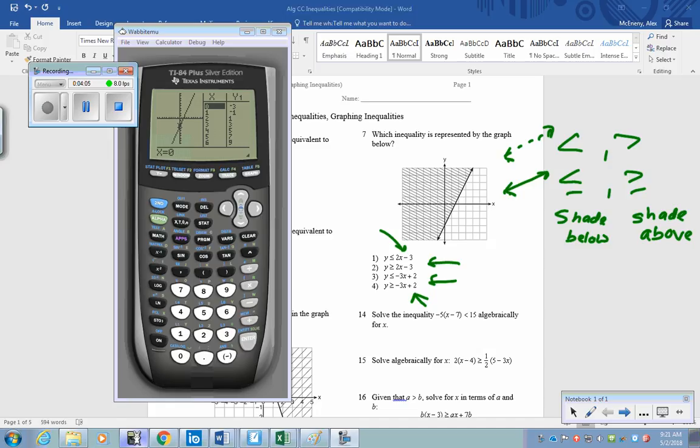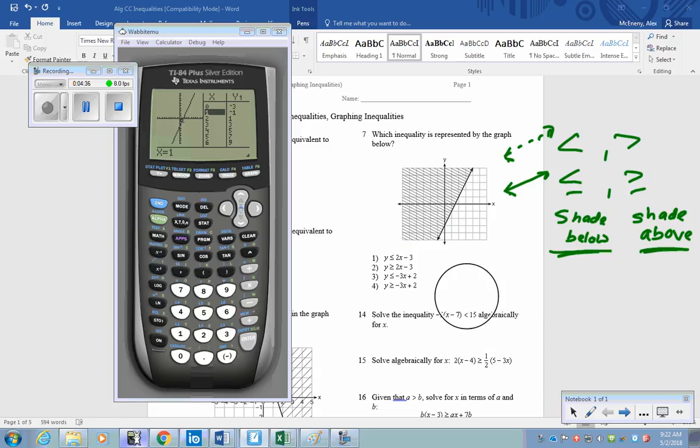You want to check that it's exactly on the graph. We also have 1, negative 1, same thing. Once you have a couple of points on that line, it's safe to say it's going to be either 1 or 2. Now think about, based on the signs, whether this is shade below or shade above. That will help you find the final answer, whether it's 1 or 2.